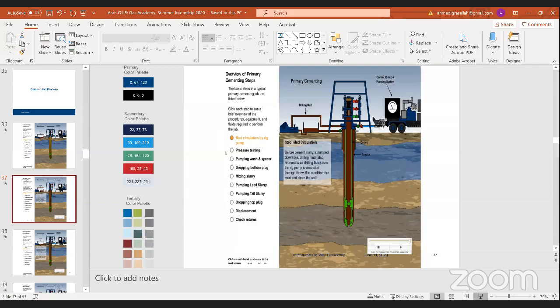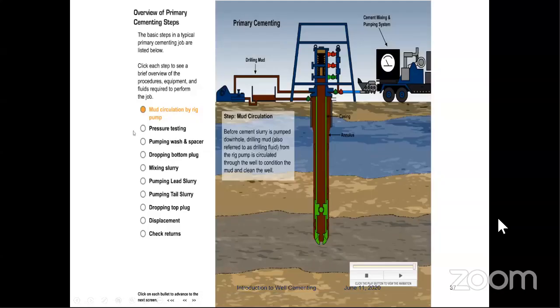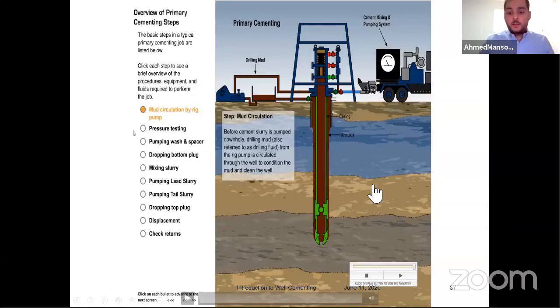I cannot share my screen. It's saying host disabled participant screen sharing. Okay, one second, please. Now you are a co-host, so you can share your screen again. Okay. You can continue from where you stopped.